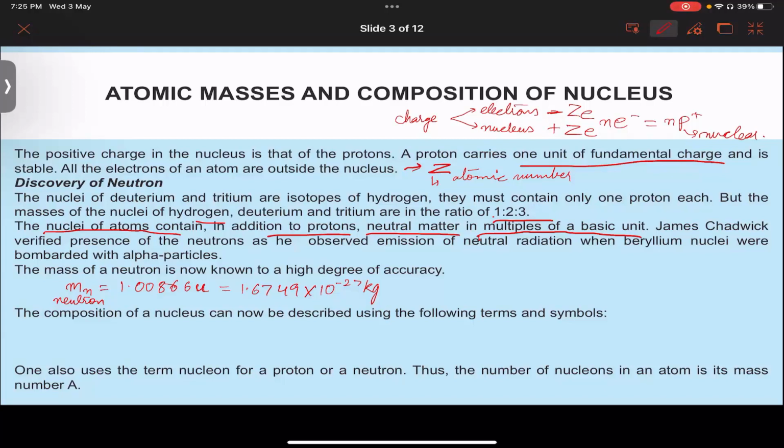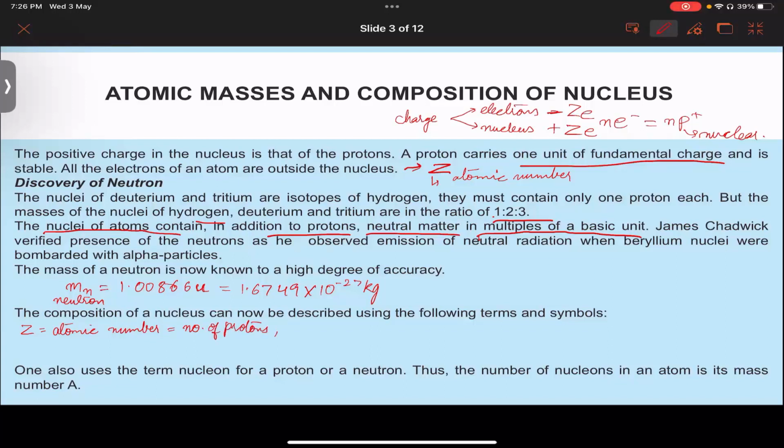Now we can say that the composition of an atom, as well as the nucleus, can be given by different terms. You have Z, which is your atomic number, and it is usually equal to the number of protons.